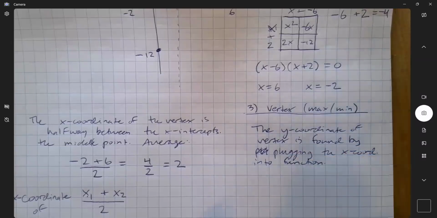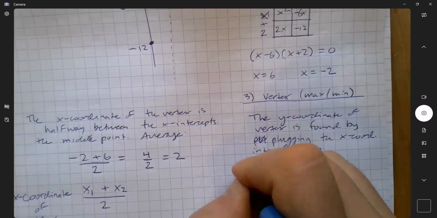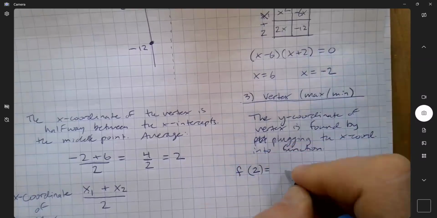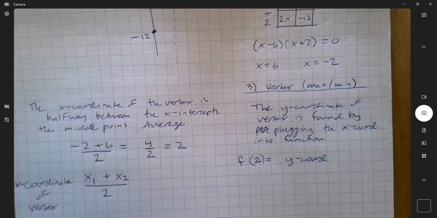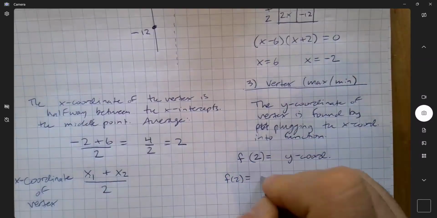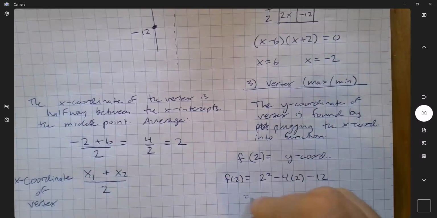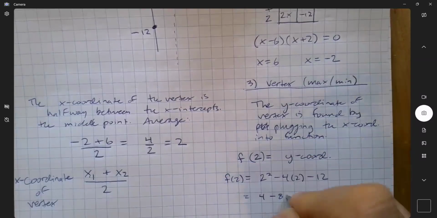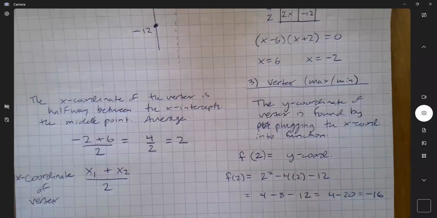Because the whole point of a function is if you take your x-coordinate and you put it into your function, you're going to get the corresponding y-coordinate. So let's do that. f of 2 is 2 squared minus 4 times 2 minus 12, which is 4 minus 8 minus 12, which is 4 minus 20, which is -16.